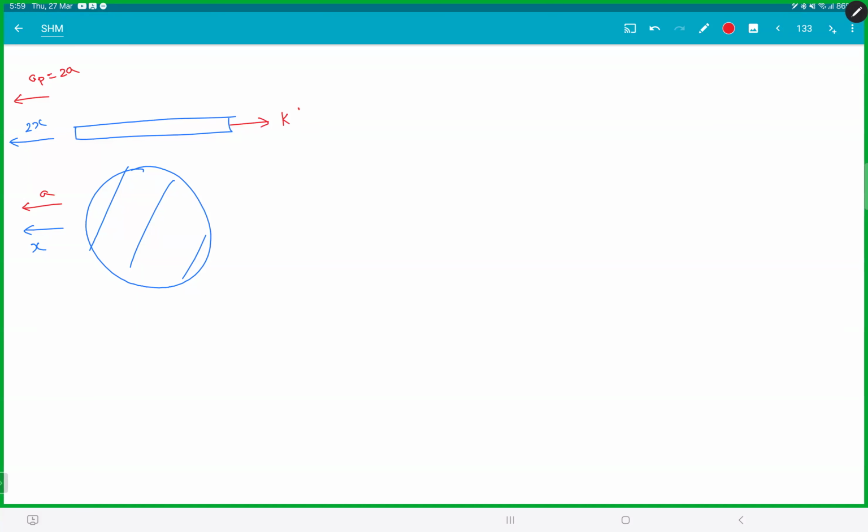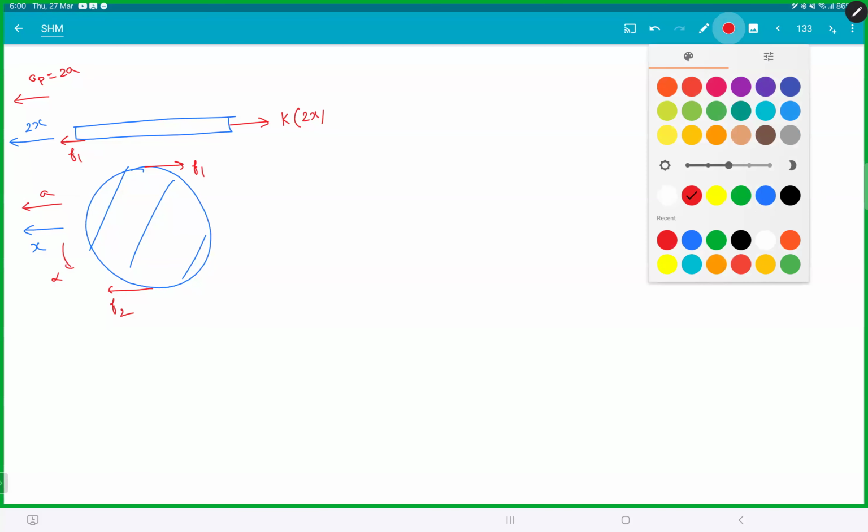The forces will be spring force K into 2X. Here we'll have a friction F1. That same friction will act F1 on this cylinder. There'll be one more friction here, F2. Check this out. Angular acceleration alpha. This is the FBD, everyone.